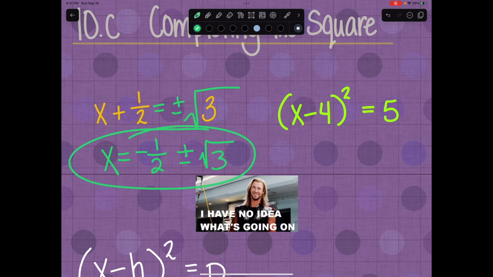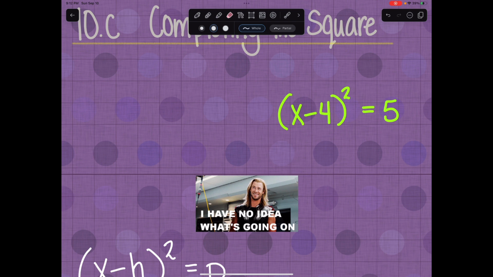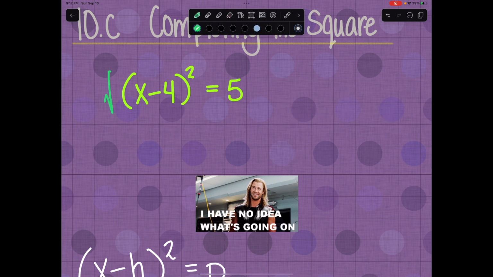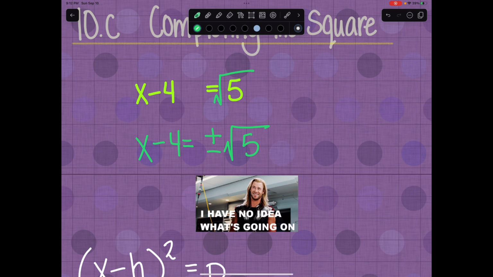Easy to solve. Let's do that on this other side. What do we do? We square root both sides. When we do that, this whole thing cancels out. We get x minus 4 is equal to plus or minus square root 5. Bring the 4 to the other side.